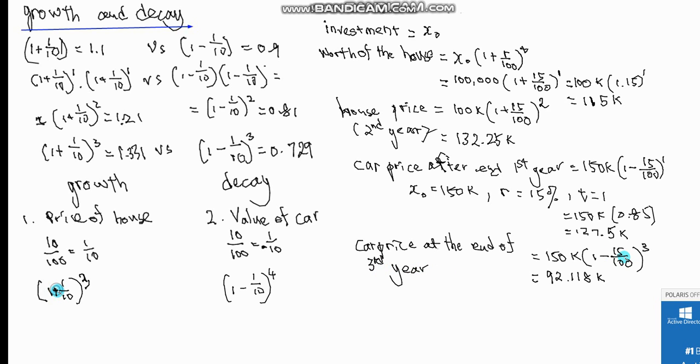Assuming the depreciation is still at 15%, so what you do, the T you change to 3. So this is the value of the car at the end of the third year. Okay, so that's how you work on the growth and decay.